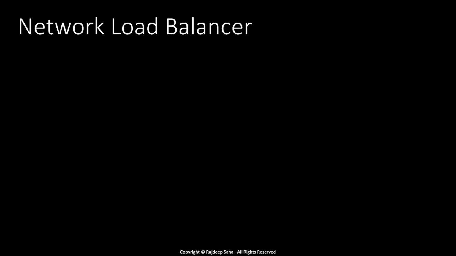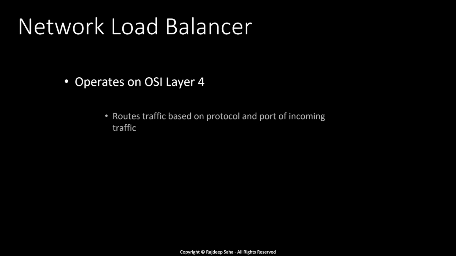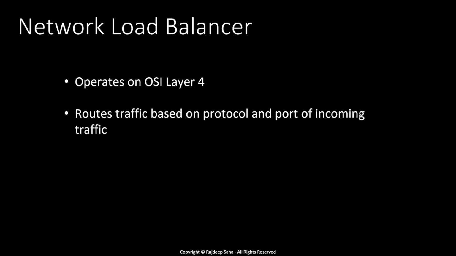Now moving on to network load balancer. Network load balancer operates on OSI layer 4, which means that it can route traffic based on protocol and the port of incoming traffic, such as TLS with port 443, which translates to HTTPS traffic, or protocol TCP with port 80, which translates to HTTP traffic, and a couple of other protocols, such as UDP, TCP_UDP, along with various number of ports.